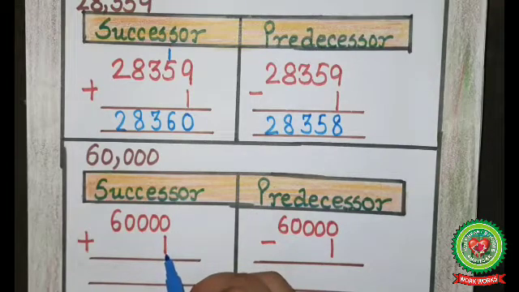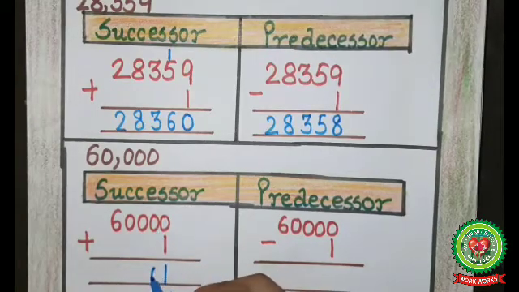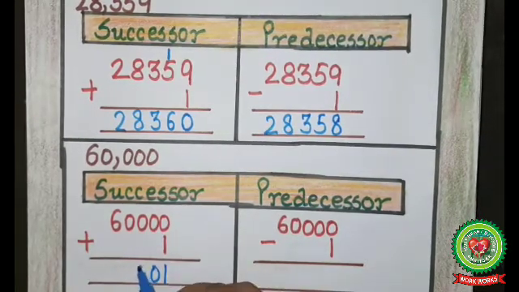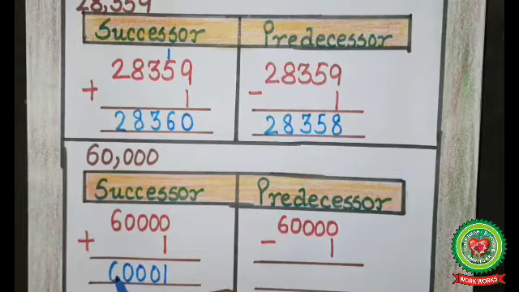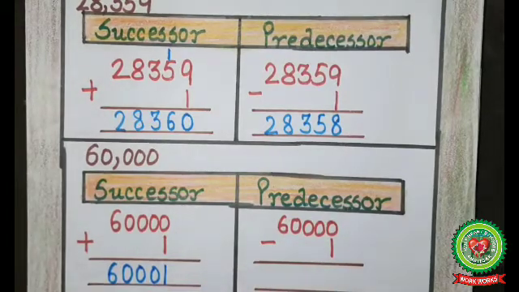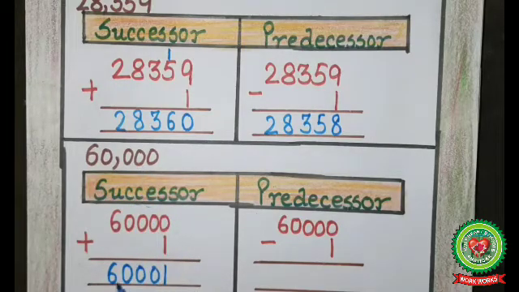0 plus 1, that is 1. Yes, 0 plus 1 is 1. 0, 0 and 0. At the end, 6. This means successor of 60,000 is 60,001.